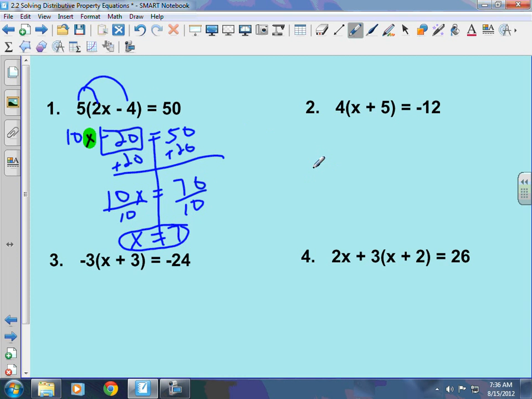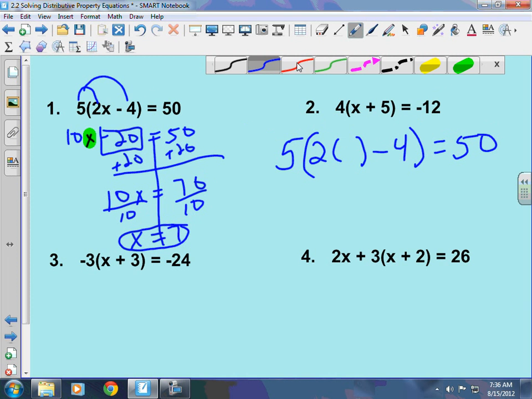So what that means is, if I come back up here to the original problem, 5 times the quantity of 2 empty parentheses, because I'm going to substitute for my letter, minus 4 equals 50. What does x equal? Well, I know now that x equals 7, so I put a 7 here.